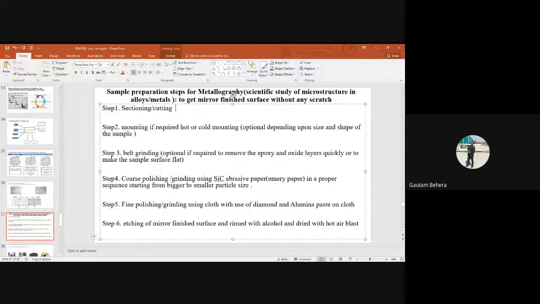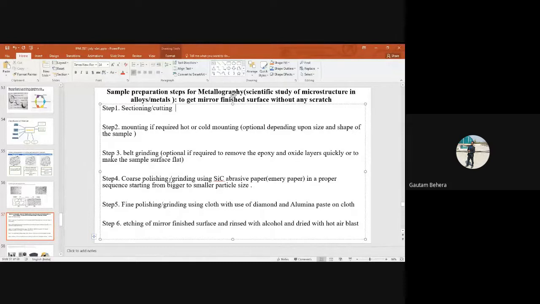Coarse polishing. What is coarse polishing? Or this is sometimes called coarse grinding. We have to use some silicon carbide abrasive paper to make the surface flat, so that we can reach the mirror finish surface at the end. And this coarse polishing needs to be done in a sequence.